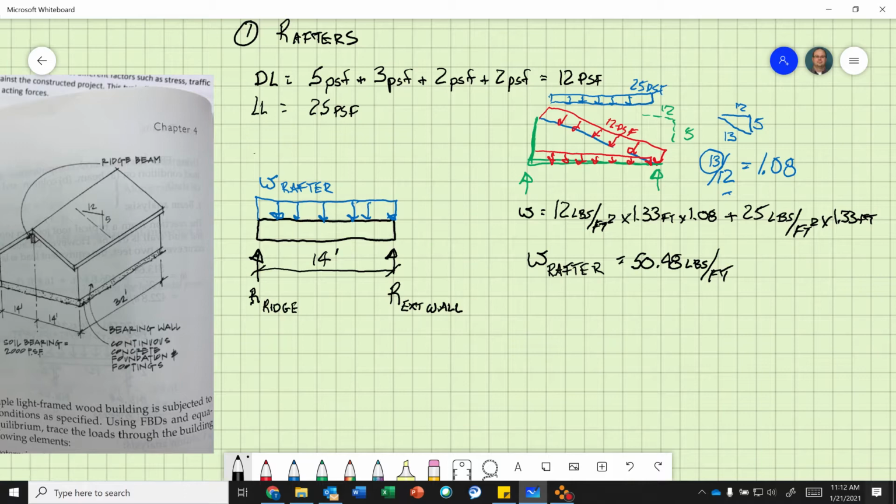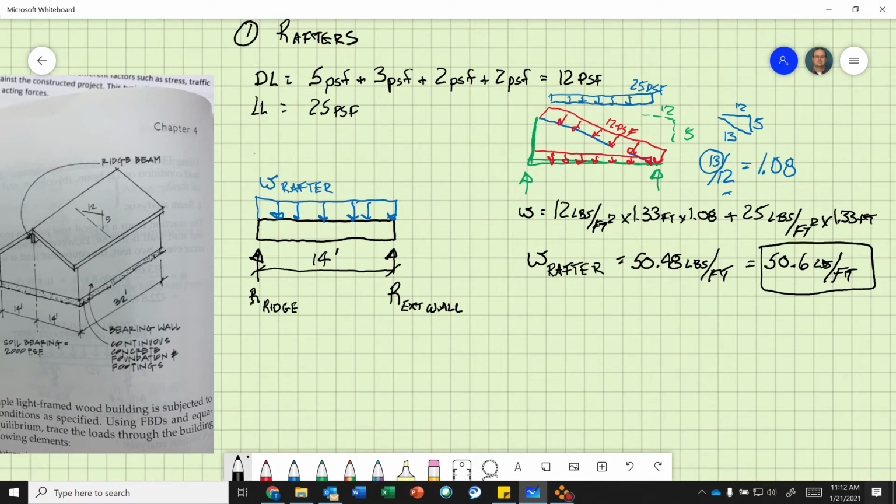Okay, so question is rounding. So 50.48, the book gives you 50.6, depending on where you round it. So just to stay consistent with the book, what I would do is I'd round that up to 51 pounds per foot, but just to help, so we're going to say 50.6 pounds per foot.